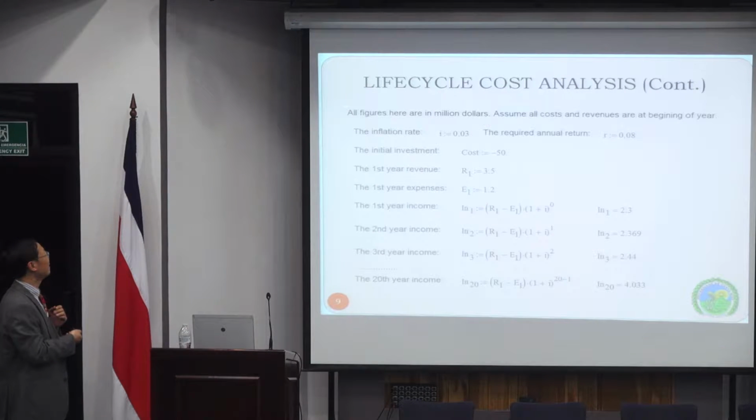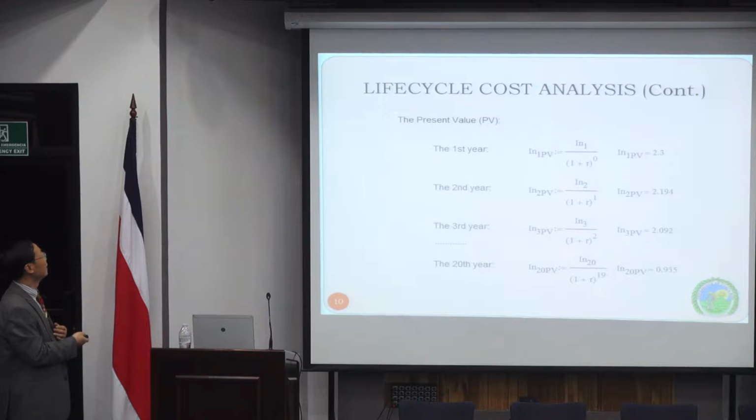Then every year you have revenue and expense, and you apply the inflation rate. You assume revenue and expense are both linked to the 3% inflation, so each year you will have these. Then all you do is add up 20 years of income, plus the money from selling the building at the end.